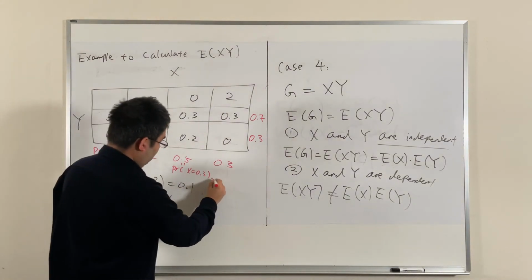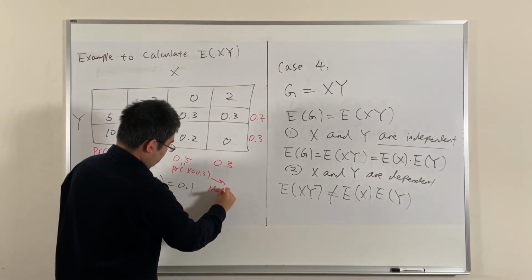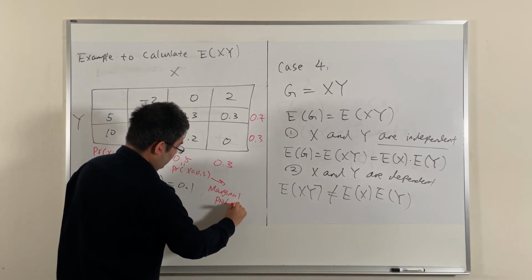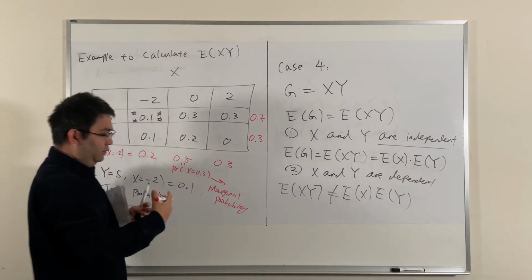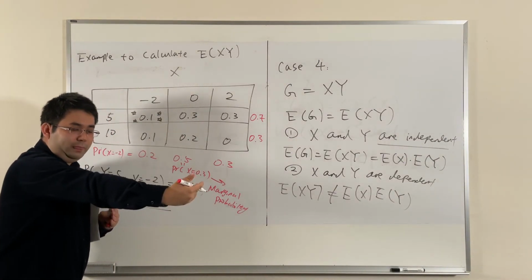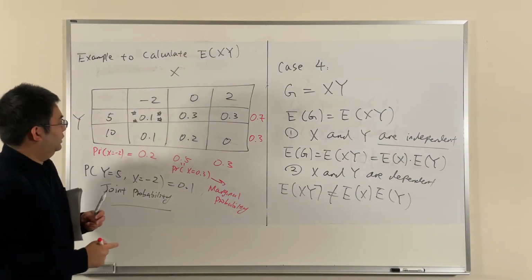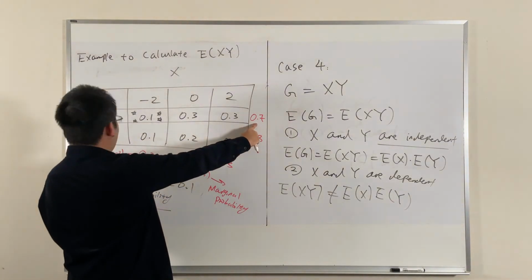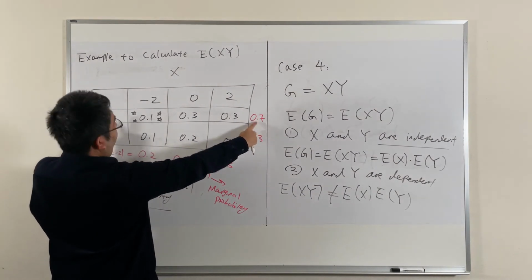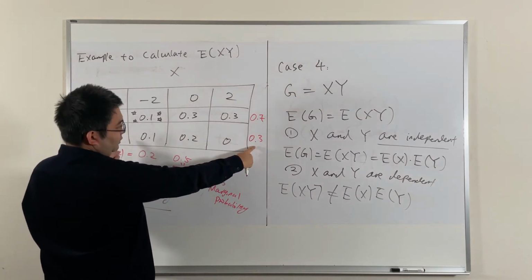These are what we call marginal probabilities. They represent the probability for one random variable to equal one of its possible outcomes. And this 0.7 here represents the probability that y equals 5, and this one is for y equals 10.